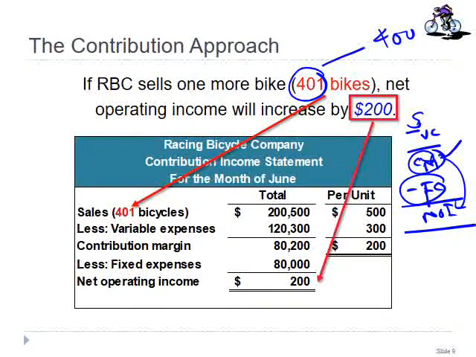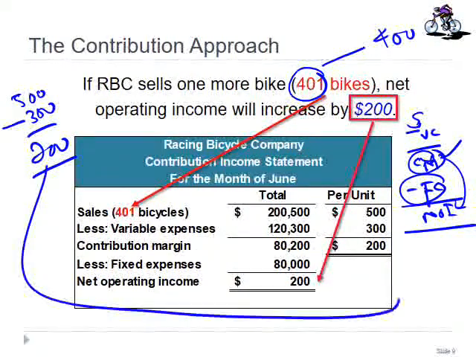So the understanding of this slide is to prove that the additional contribution margin from selling one more unit, sold at 500 each with 300 variable cost, is 200, right? You can see this analysis here as well.